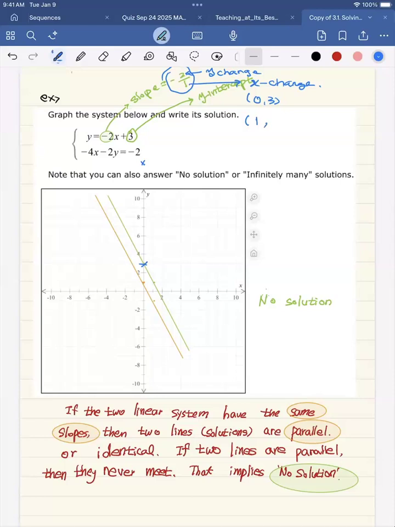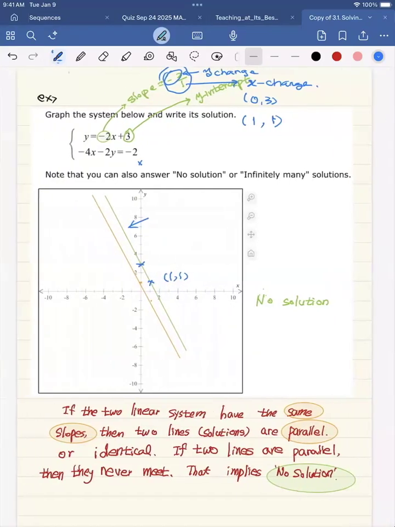And when we add -2 to the second coordinate, we have 1. So it should pass (1, 1) here. After we mark and join with a straight line, we get this green colored straight line.